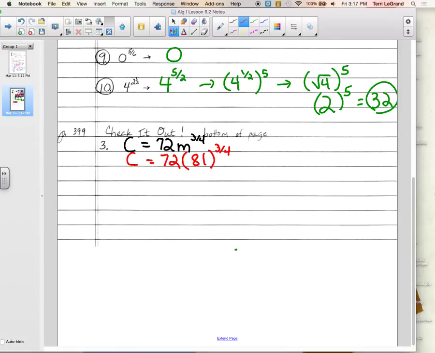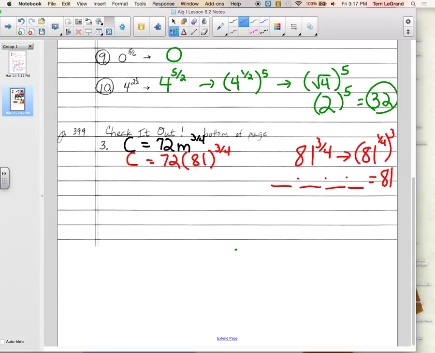So let's go over here to the side and do that. 81 to the 3/4 power means 81 to the what power? 1/4 power, and that raised to the third power. So we are now looking for what times what times what times what equals 81. 3.